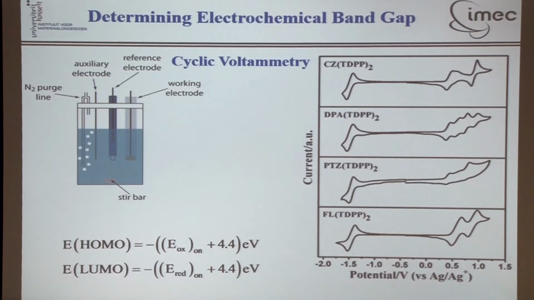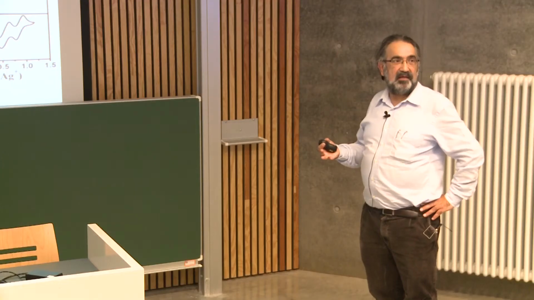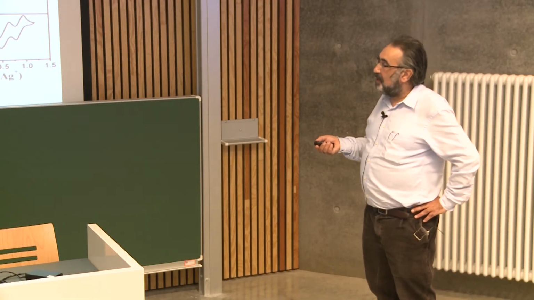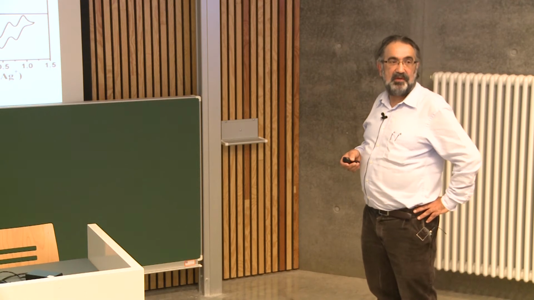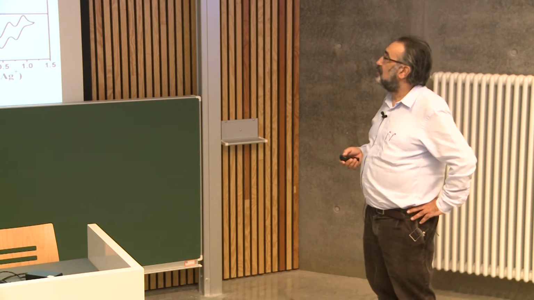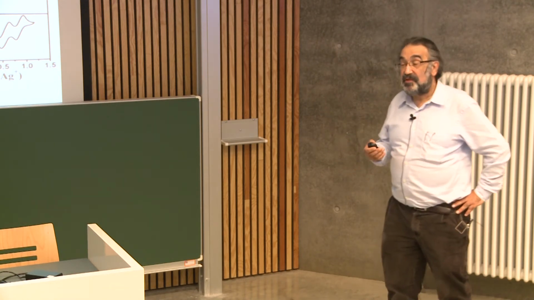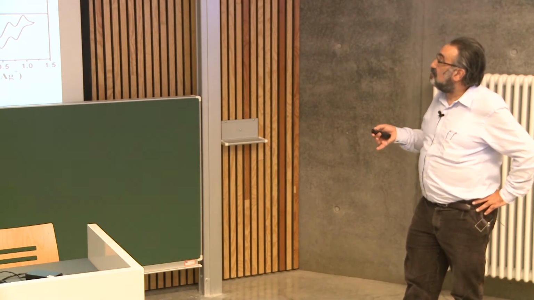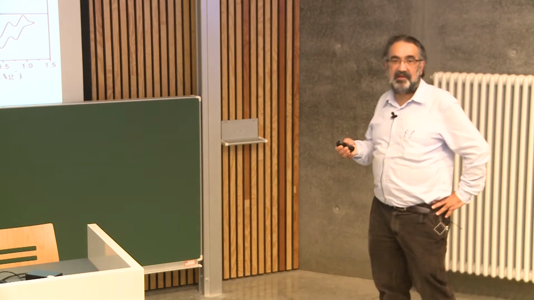So the advantage of electrochemistry is for sure that it doesn't only give you an idea of the band gap, but also where you would estimate the HOMO energy level and the LUMO energy level. That's, let's say, as far as you can see both processes.